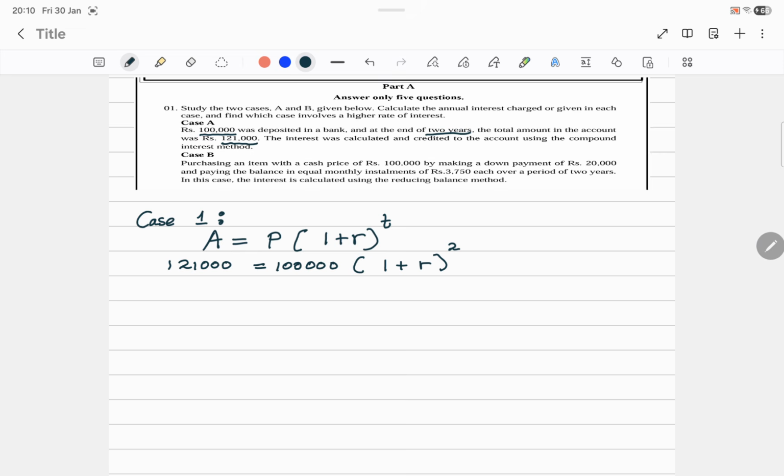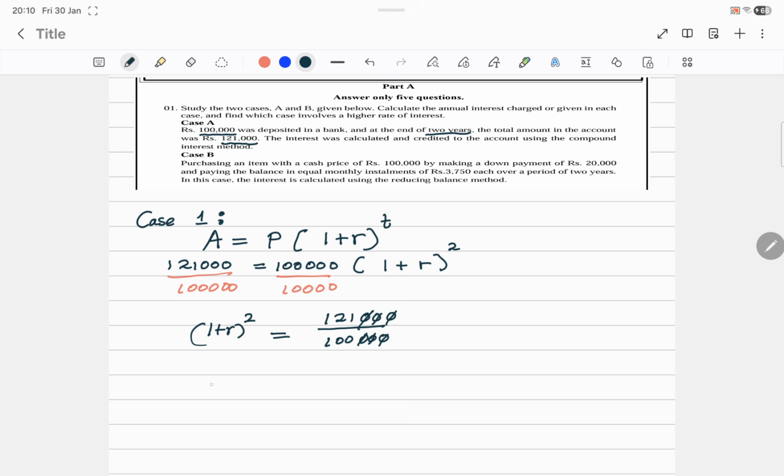So now let's see how to easily simplify this. So first let's divide everything by 100,000 on each side. So then we end up with 1 plus R squared is equal to 121,000 over 100,000. So cancel the zeros here.